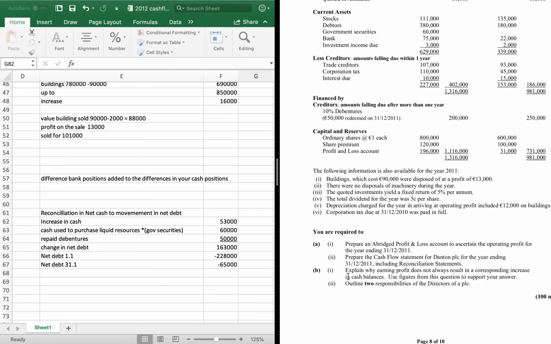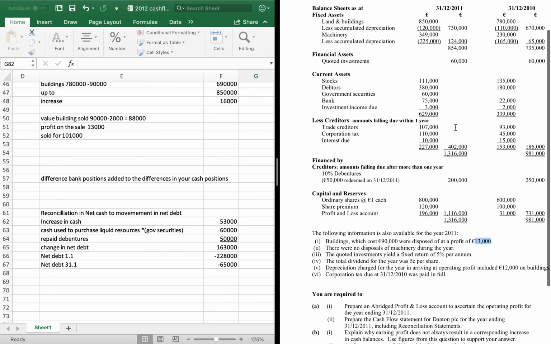The profit on the sale of the building increases your profit by 13,000 but does not increase your cash by any euros. The increase in debtors increases your sales by 200,000 but does not increase your cash position in the bank, by zero. Okay, so that's our first one.